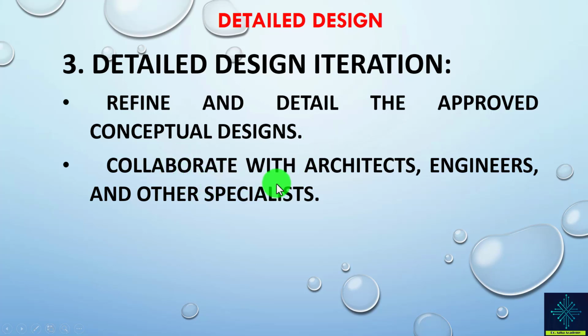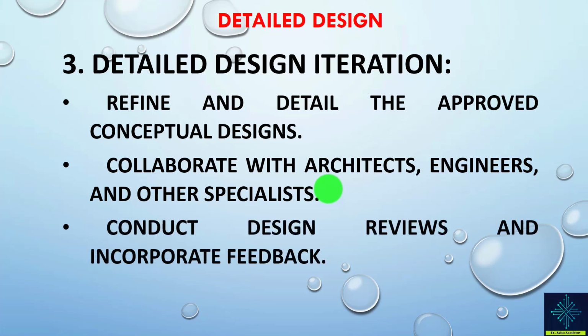Then we collaborate with architects, engineers, and other specialists or experts. This is the feedback from experts and those of the technical team. Then we conduct design reviews and incorporate feedback.